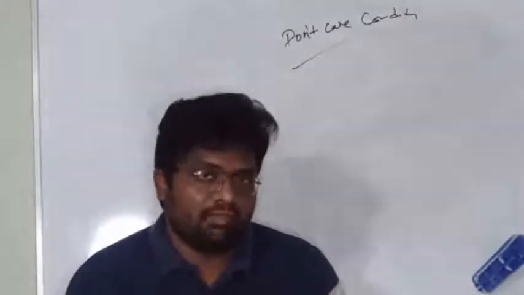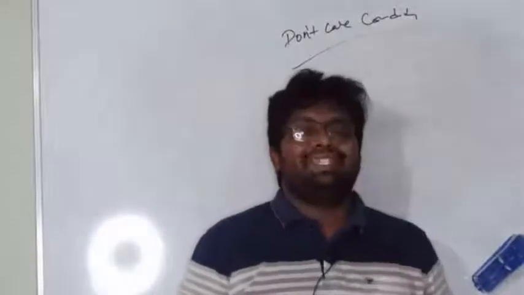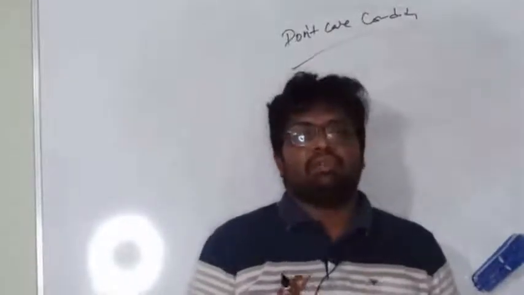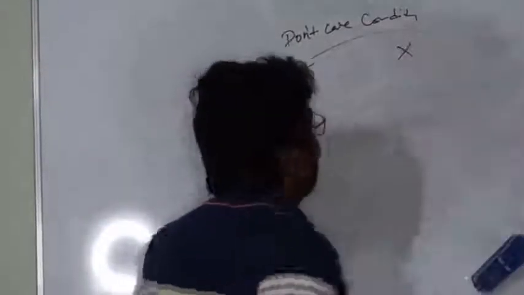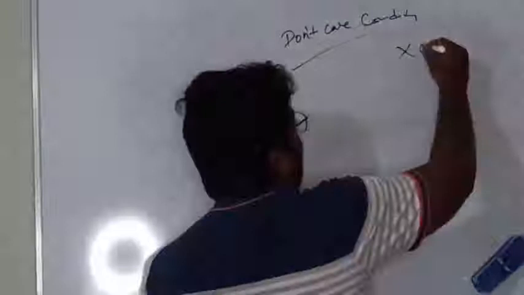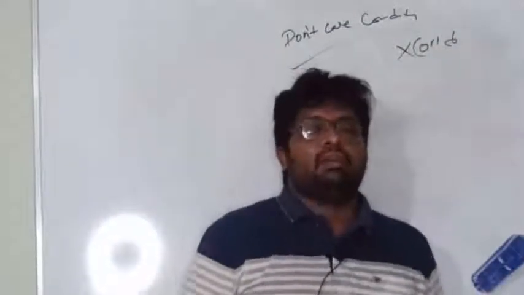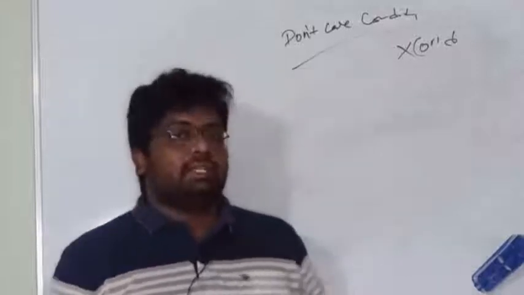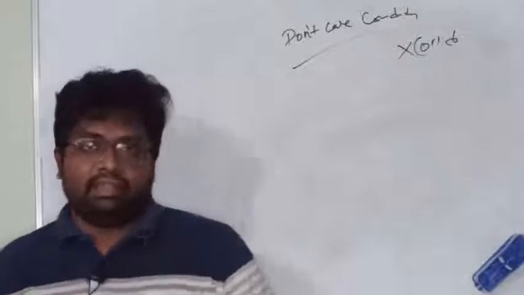Now let us take one example of this. Generally a don't care condition is denoted with X, a cross mark, or a small d. Let us see how it is useful in our reduction techniques.